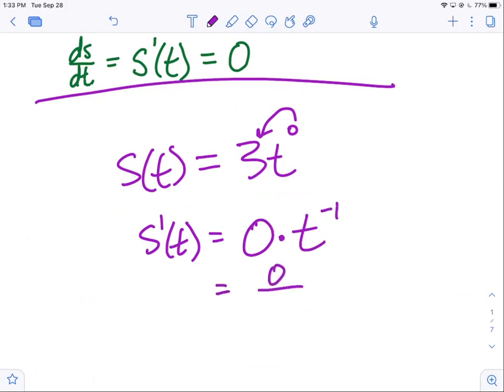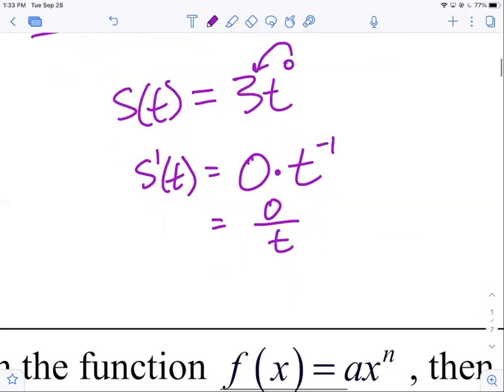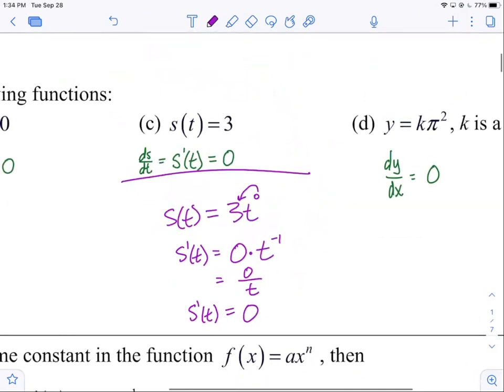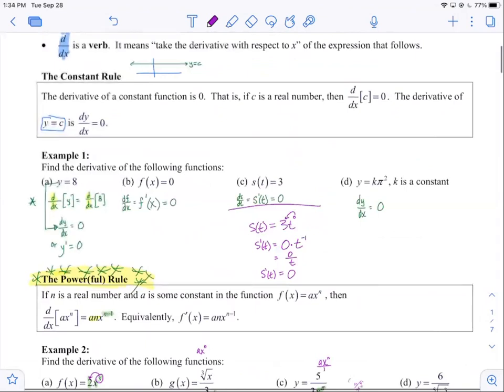Oh, that's the same as 0 divided by t. Well, what's 0 divided by t for any t that's not 0? 0. It works. The power rule. Ax to the n has to be in that form. The derivative is a n x to the n minus 1.